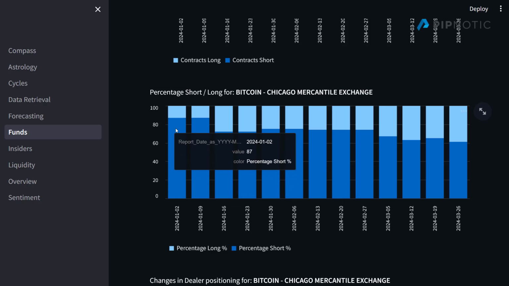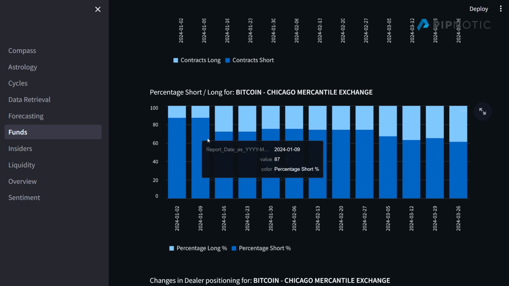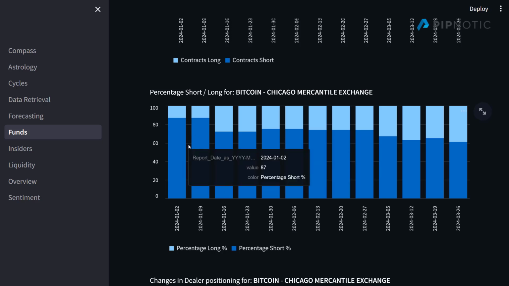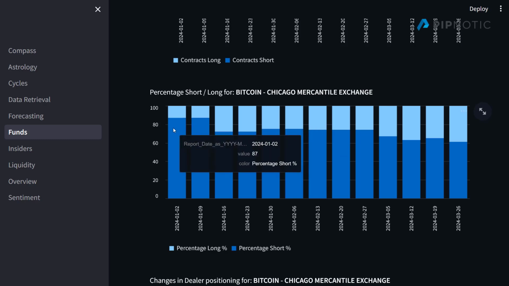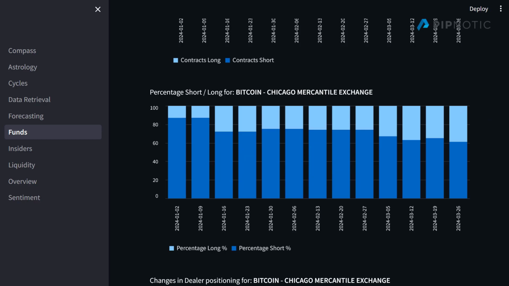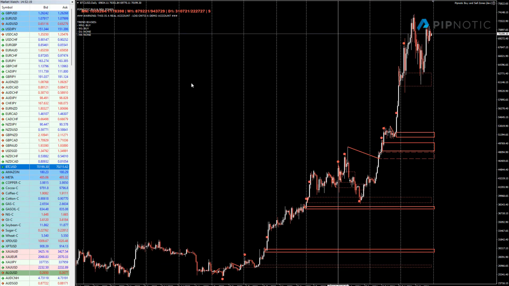You can see here January 87, 87,72, but you can see there are more sellers than there are buyers in the futures market, but the number of sellers started to decrease. This happened since the beginning of the year. So you can see that the path of least resistance is higher.